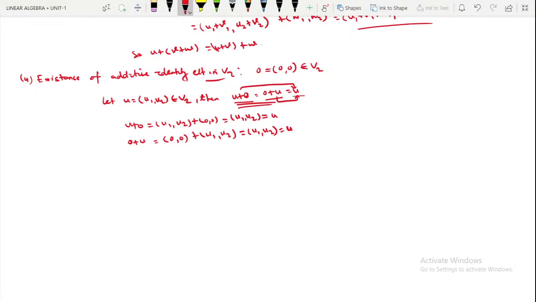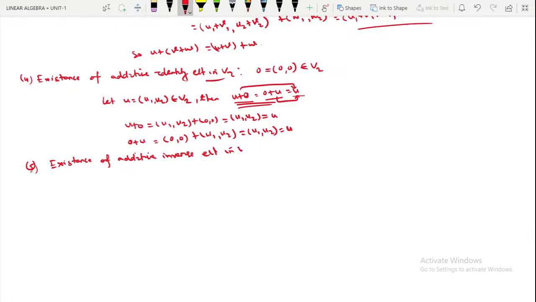Similarly, next we will show property number 5, that is existence of additive inverse elements in V2. What is an additive inverse element?